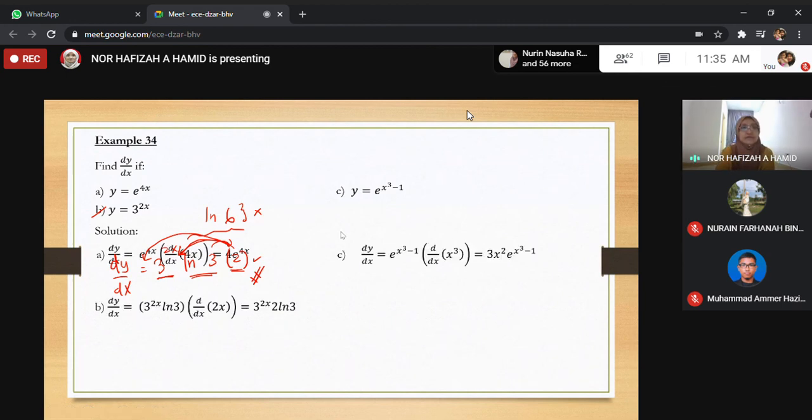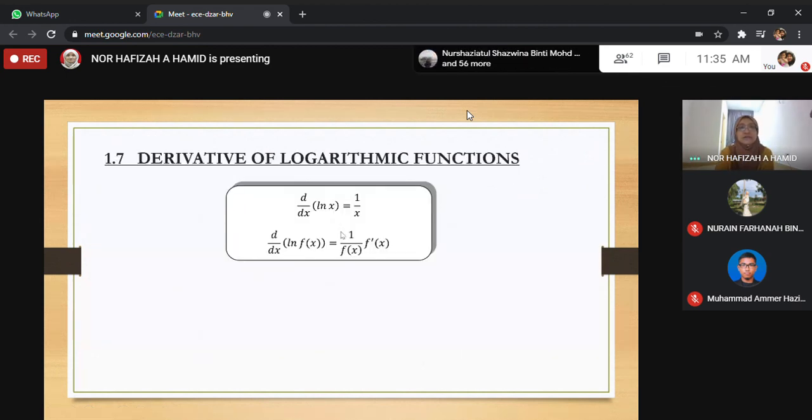So next for derivative of log function. Okay, so log function we have 2 formulas. Ni formula number 1 and ni formula number 2. So ni pun you can hafal formula ni. Derivative dia banyak sikit formula you can hafal. So for number 1, formula for ln, for example y equal to ln x. Differentiate, dy over dx is equal to 1 over x.